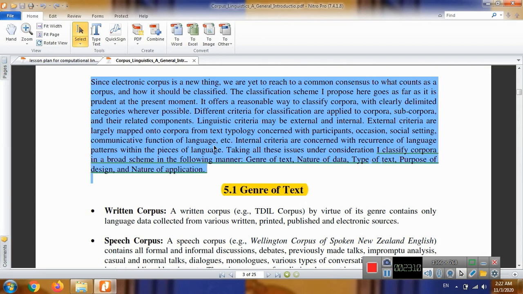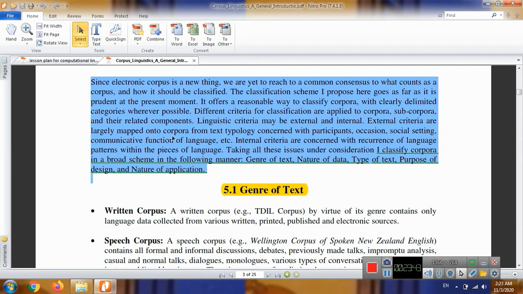Linguistic criteria may be external and internal. External criteria are largely mapped onto corpora from text typology concerned with participants, occasion, social setting, communicative function of language, etc. Internal criteria are concerned with recurrence of a language in a broad scheme in the following manner.